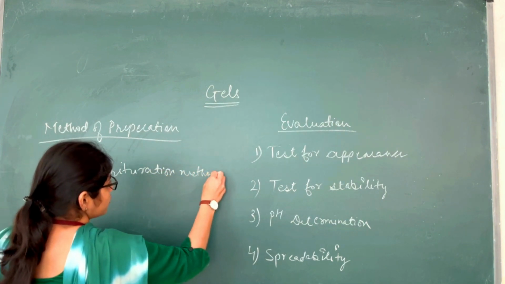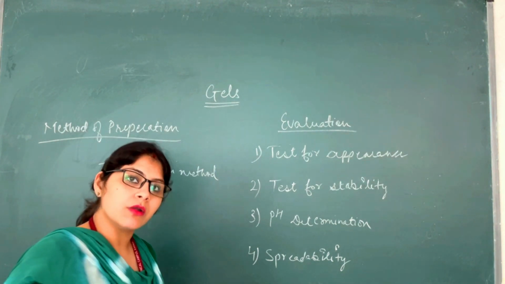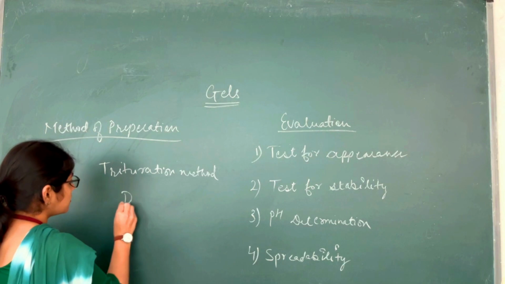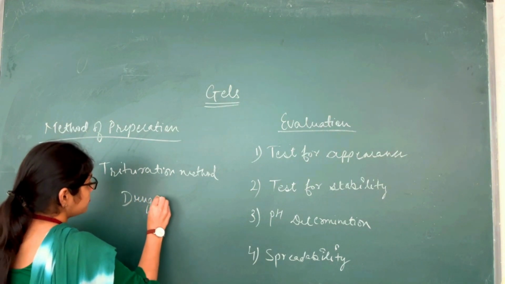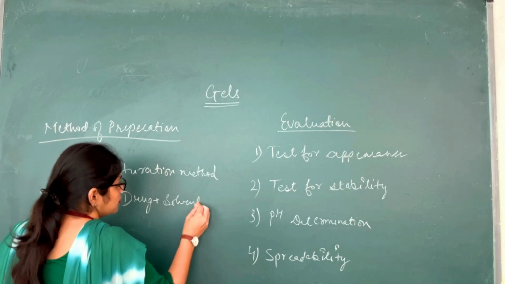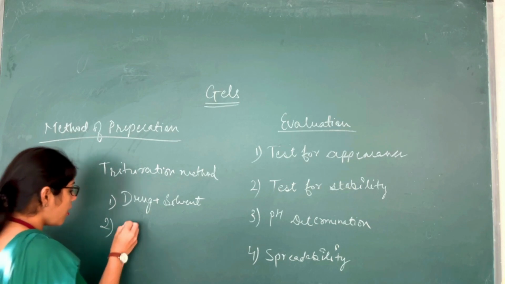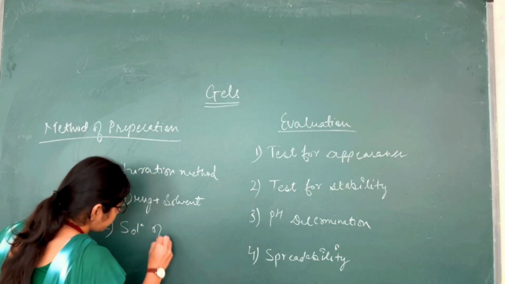as we know, for the formulation of gels we add a gelling agent, drug and solvent. So we take the drug and mix it in our solvent. Then we prepare a solution of the gelling agent.